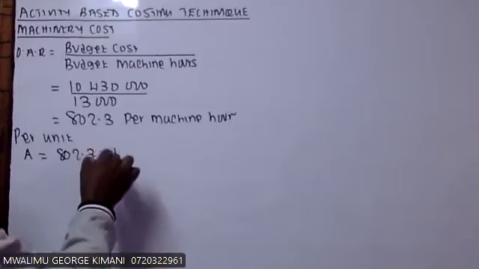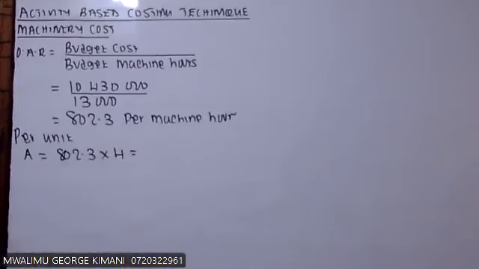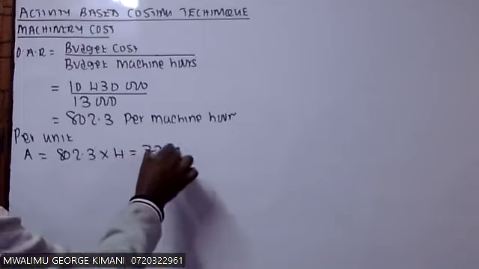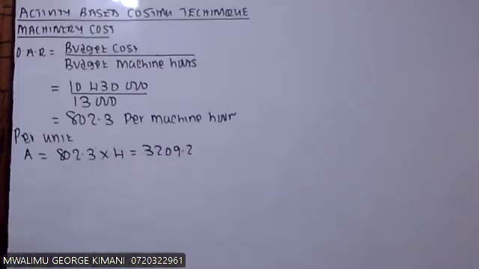So multiply this by 4, and we get 3209.2.